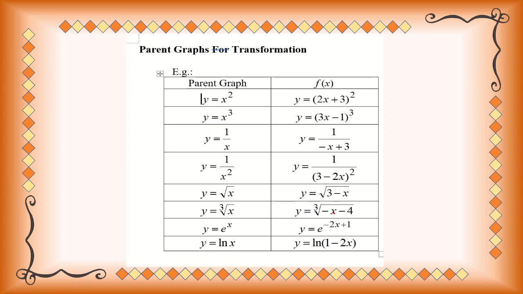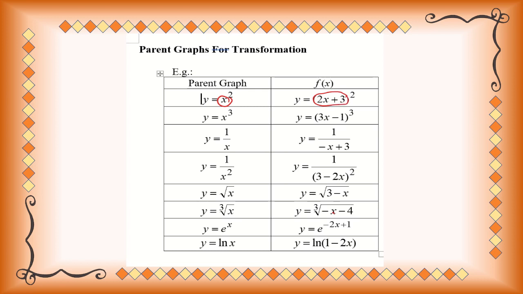Now, when we want to sketch the graph of a function by using transformation, we should start from the parent graph. So we need to know how to identify the parent graph for each of the functions. For example, y equals x squared is the parent graph of y equals (2x plus 3) squared, because the original x is now replaced with 2x plus 3.